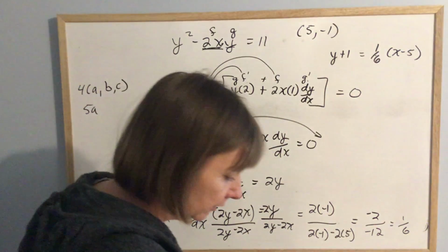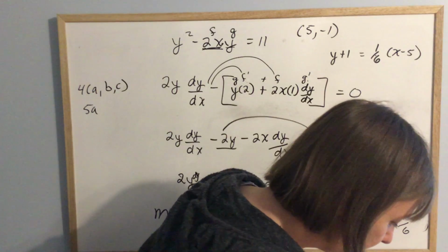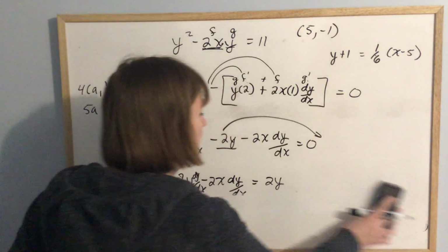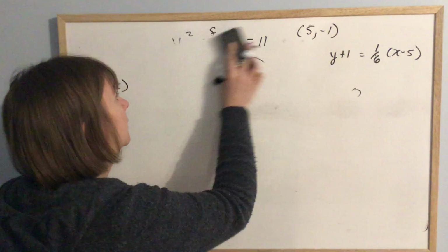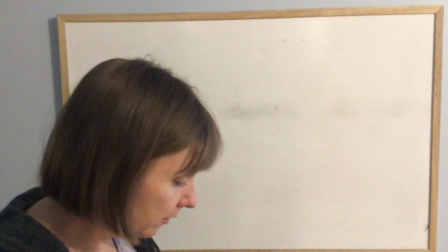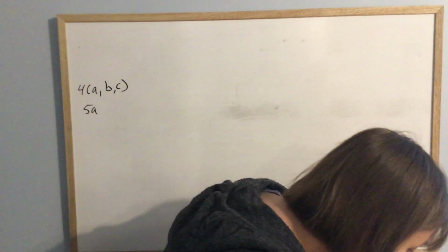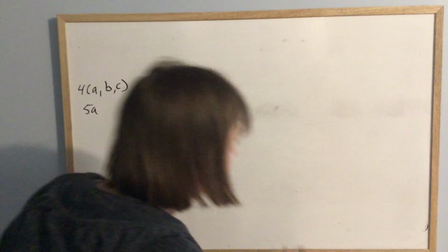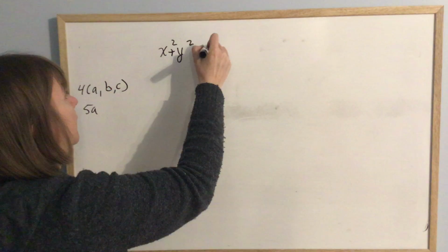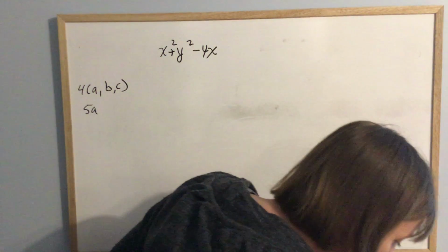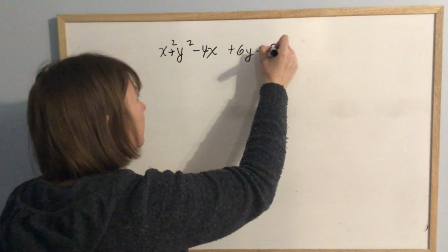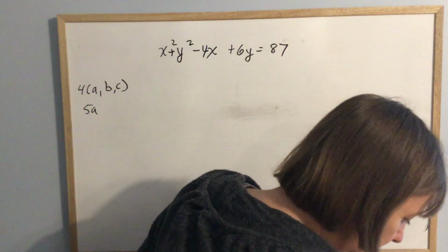And finally, for C in this section. For C it says x squared plus y squared minus 4x, I think it was, yep, plus 6y equals 87, I think it said, yep.